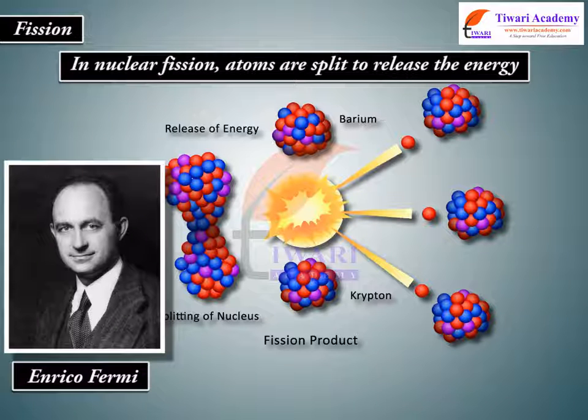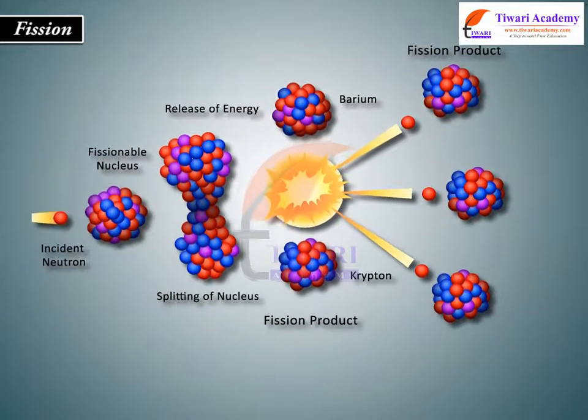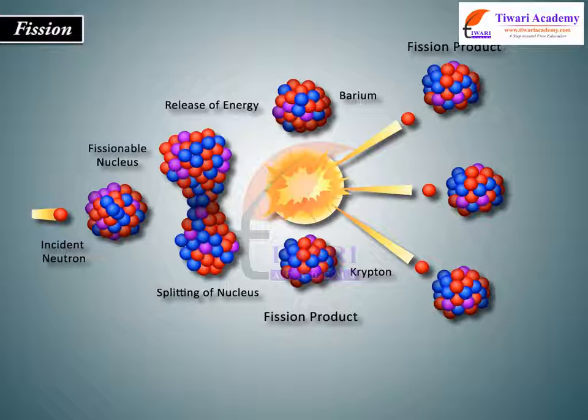Enrico Fermi found that when neutrons bombarded various elements, new radioactive elements were produced. However, when a neutron was bombarded on a uranium target, the uranium nucleus broke into two nearly equal fragments, releasing a great amount of energy.